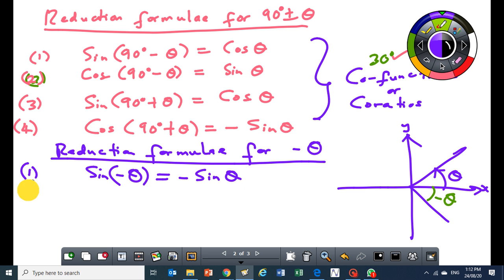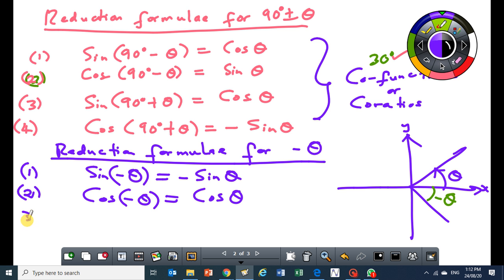Then number two, cosine of minus theta. Is cos positive or negative in the fourth quadrant? So cos minus theta is very important. The cosine of any negative angle is equal to the cosine of that positive angle.